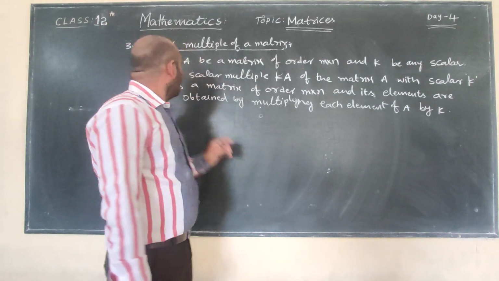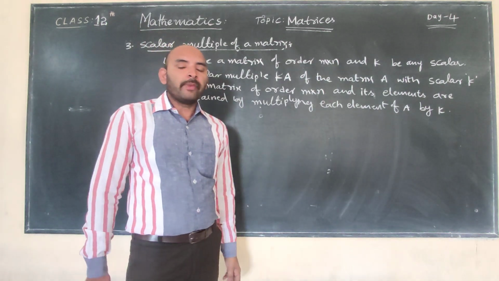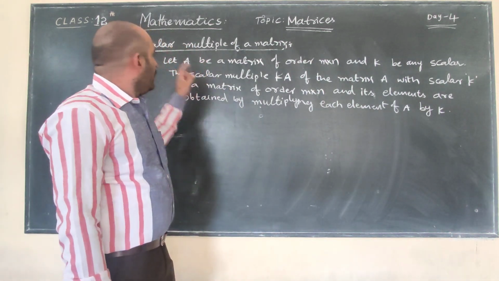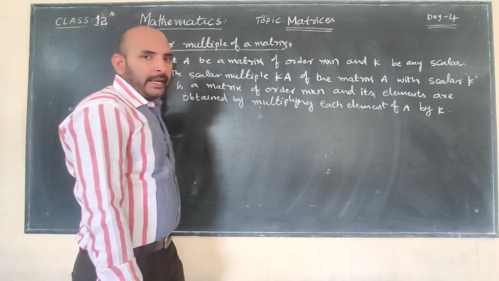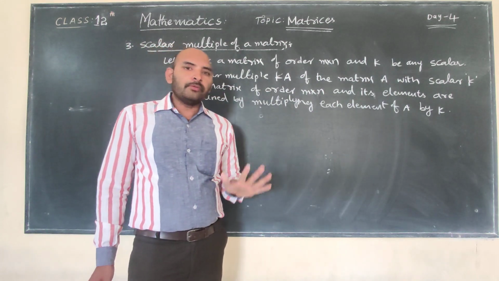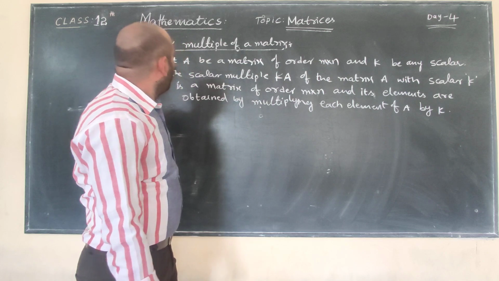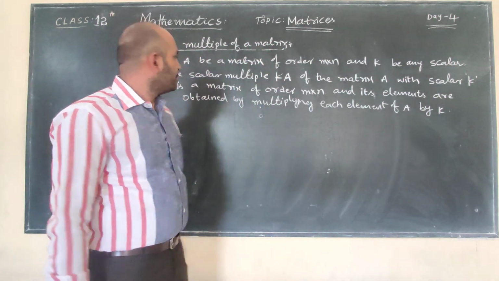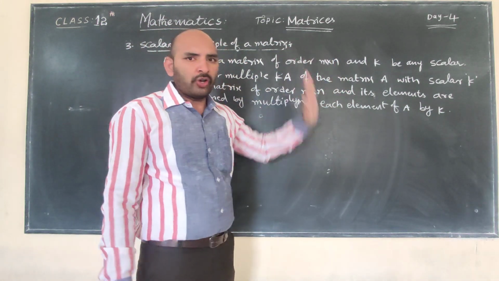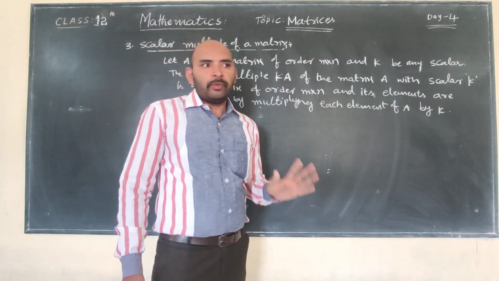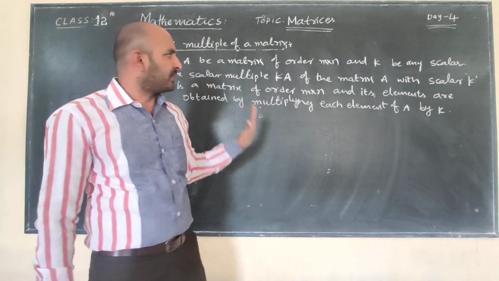Third operation: scalar multiple of a matrix. What is a scalar? It is any constant, like negative values or positive values, any one constant. Scalar multiple of a given matrix. So let us take capital A to be any matrix of order m cross n, either 2 by 2 or 3 by 3, 2 cross 3 or 3 cross 2 or 1 cross 2, 2 cross 1, whatever the matrix.